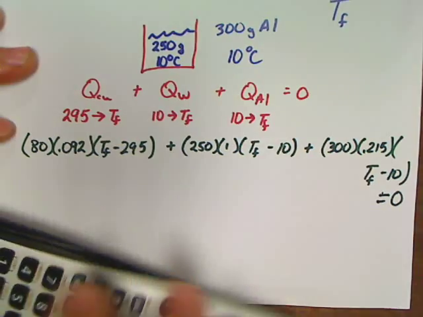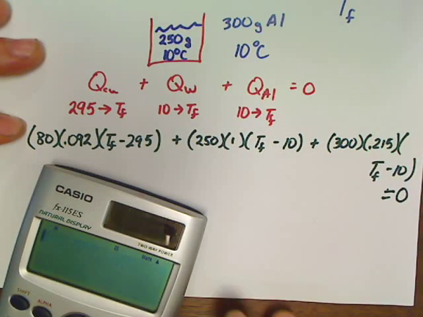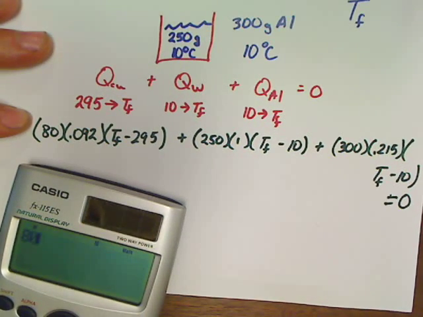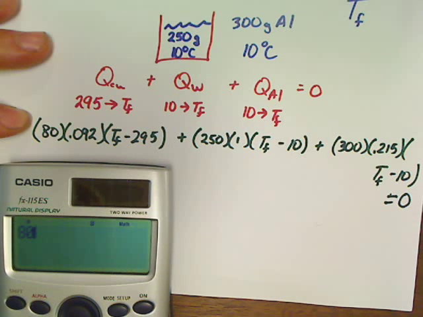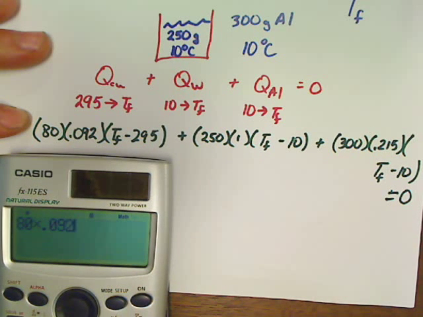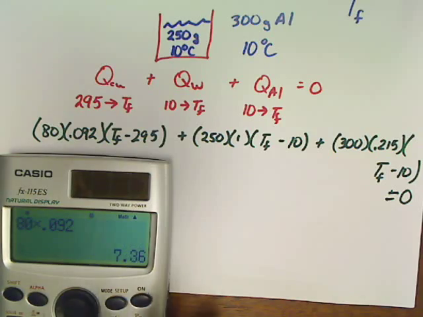So all you got to do now is distribute this and get your answer, which I suggest writing it out as you go. 80 times 0.092 is 7.36.